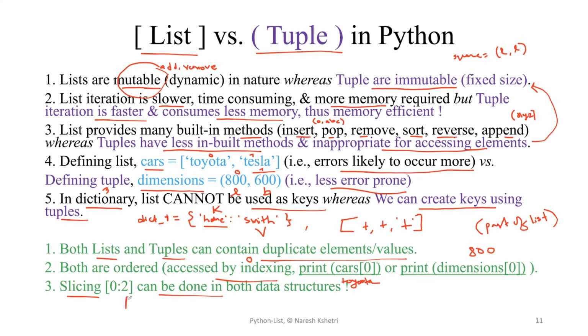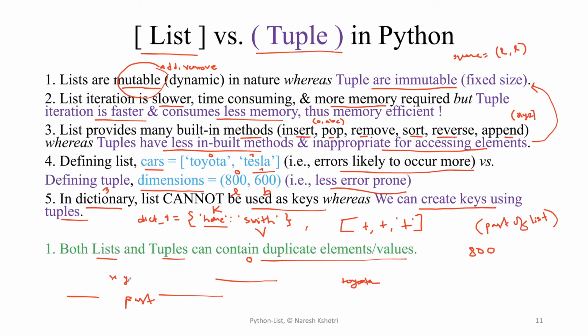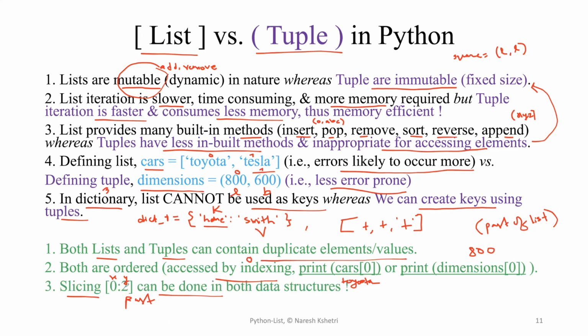That can be done with the help of slicing. You see, from index 0 to index 2, this is the starting index x and the ending index y. The process of slicing can be done in both data structures, in both list and tuple.